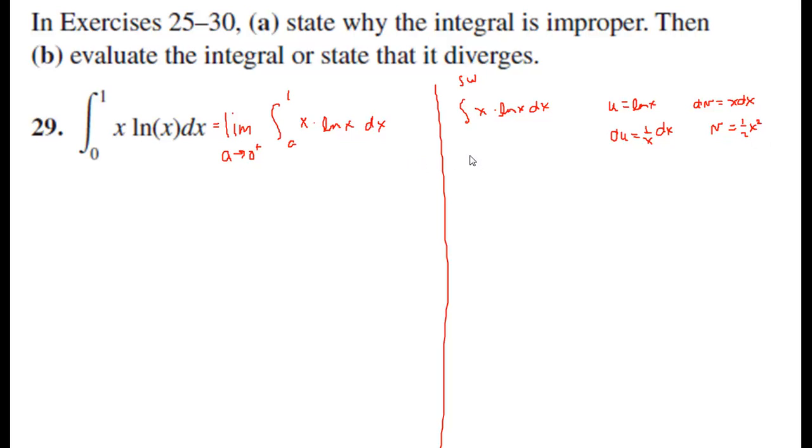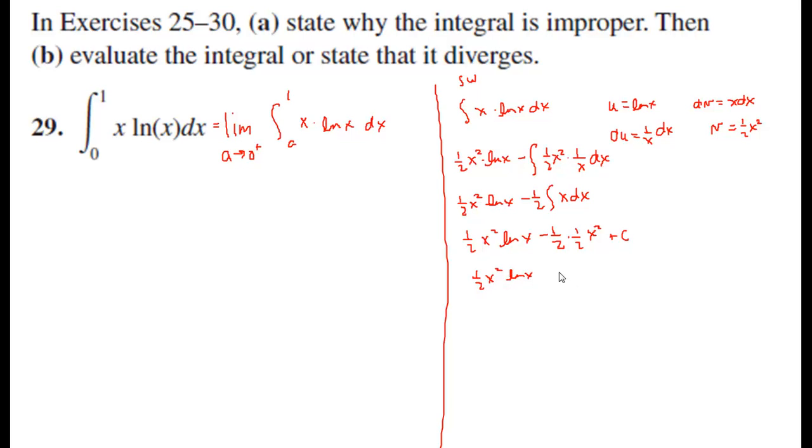So our rewrite of this ends up being 1/2 x squared natural log x minus the integral of 1/2 x squared times 1 over x dx, or 1/2 x squared natural log x minus, pull the 1/2 out, integral of x dx, 1/2 x squared natural log x minus 1/2 times 1/2 x squared plus c, or 1/2 x squared natural log x minus 1/4 x squared plus c.